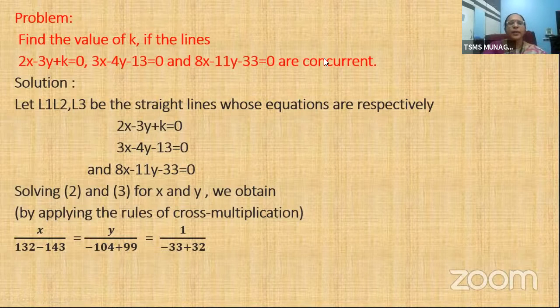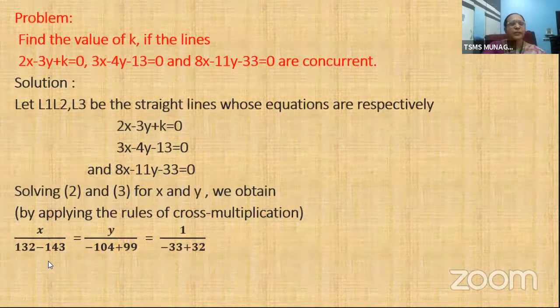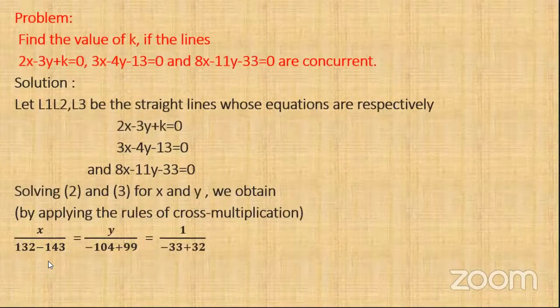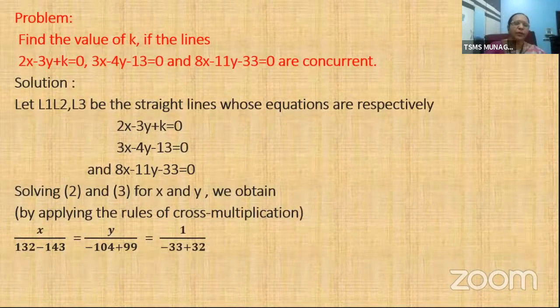You can take the cross multiplication values and you get x by 132 minus 143 is equal to y by minus 104 plus 99 is equal to 1 by minus 33 plus 32. On substituting these values, you will get the value of k.